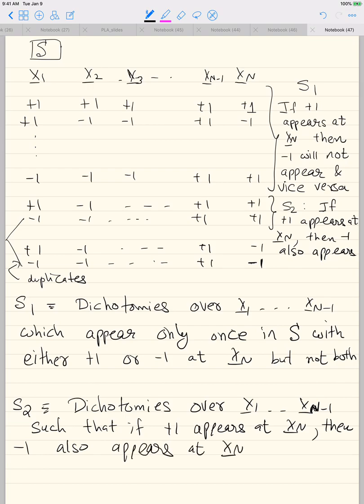So these are the dichotomy vectors. These are the prefixes of the original dichotomy vectors that appear twice. One with +1 appended at the last position, one with -1 appended at the last position.